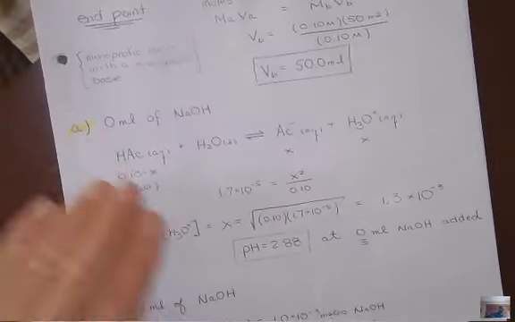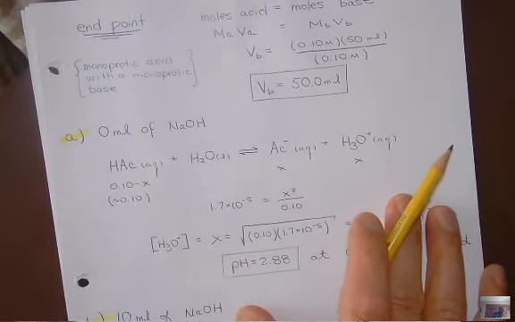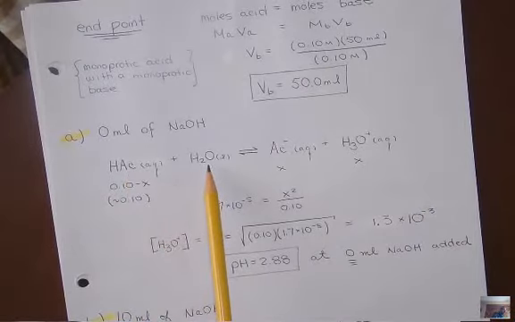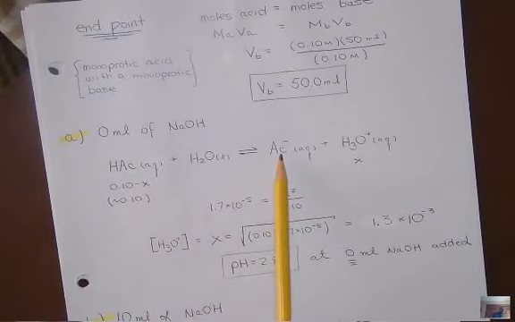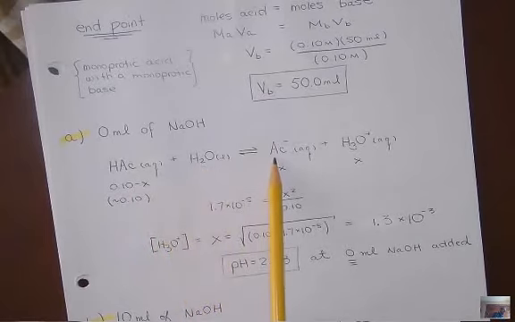Okay, first one. Before I add any sodium hydroxide, I have my acetic acid in water. It's a weak acid, so it's going to go to the right to a small degree. So we always have the hydrolysis of it. Basically, the question is, what is the pH of a 0.1 molar solution of acetic acid?